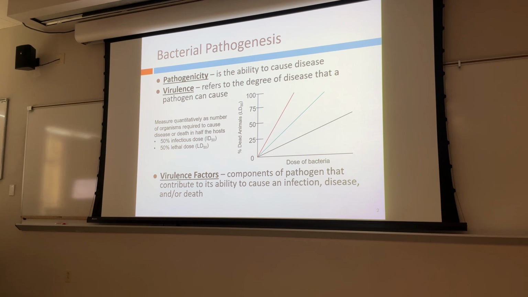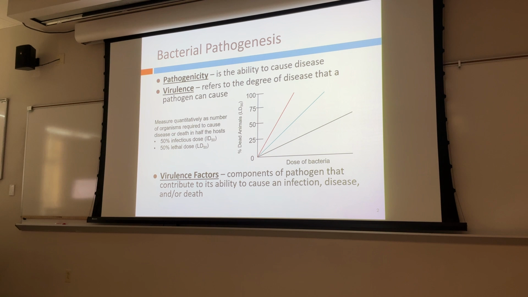So say you have 10 mice, and you infect those 10 mice with a dose of some kind of pathogen. It's the dosage that makes 50% of those mice sick, so 5 out of 10. That's it. You run a bunch of different trials, groups of 10 mice at a time. Each group of 10 mice gets a different dose. The dose at which 50% of those mice are sick is your ID 50.